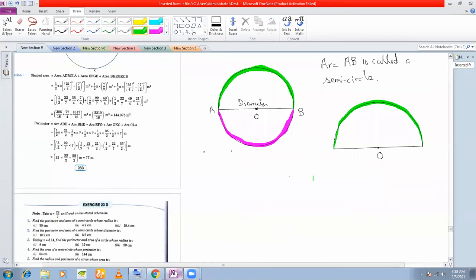Now comes the formula. Before moving to the formula, let me just write here. This is a semicircle, also called a semicircular arc sometimes, and this length is called the diameter of the circle, or the diameter of the semicircle.